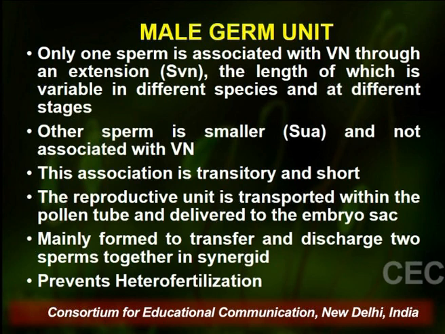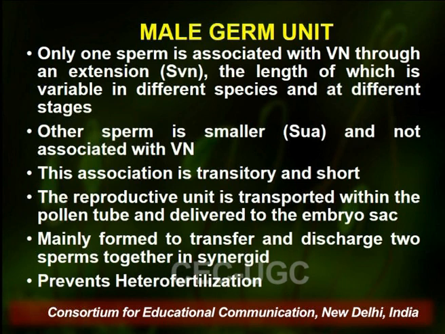The length of this extension is variable in different species, and it also differs at different stages of development. The other sperm which is not associated with the vegetative nucleus is referred to as the SUA. UA is unassociated, and this is also called sperm 2.